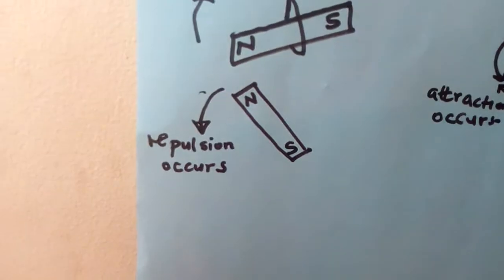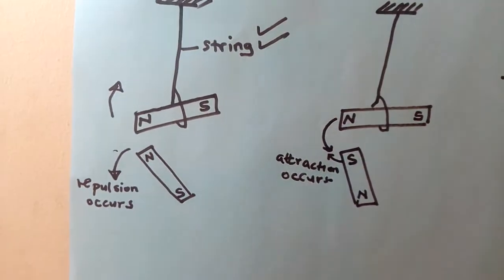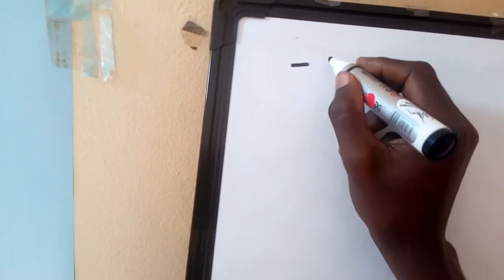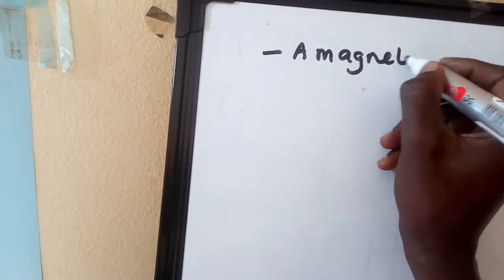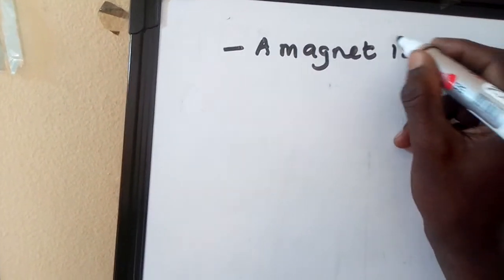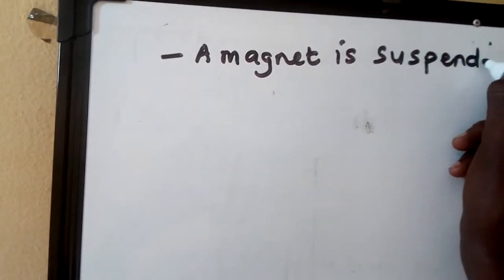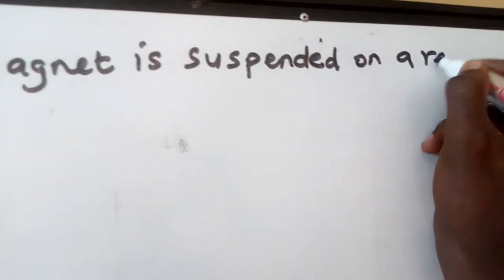How do we explain? We shall now explain by saying the first thing is a magnet is suspended on a retort stand.